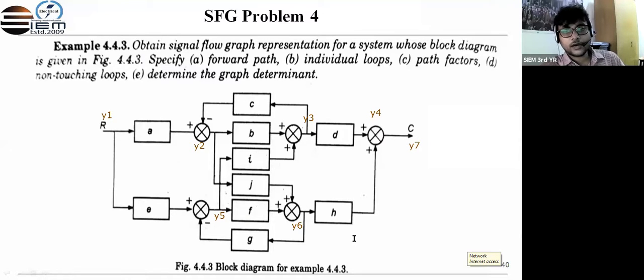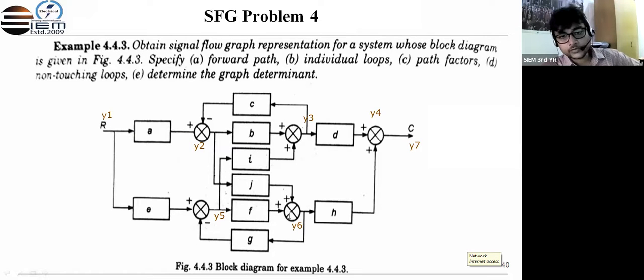Now can you tell me how many total forward paths are possible here? First you draw the signal flow graph as per this diagram. So Y1 to Y2 there will be a branch A. Y2 to Y3 B will be there.